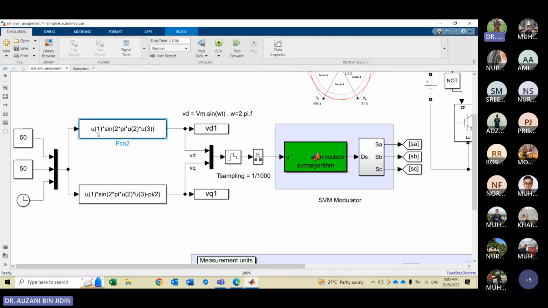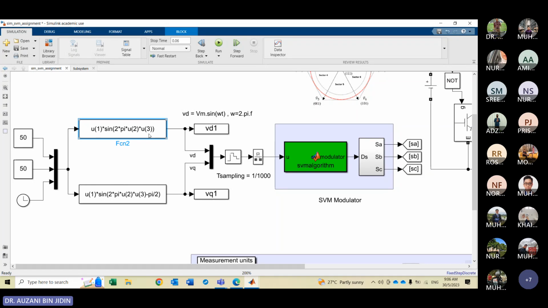So where U1 is VM, the peak of the sine wave. U2 is what? U2 is frequency 2 pi f. Nampak eh? Sebab you ada omega t. So here is omega 2 pi f. Clear? And U3 is the simulation time.